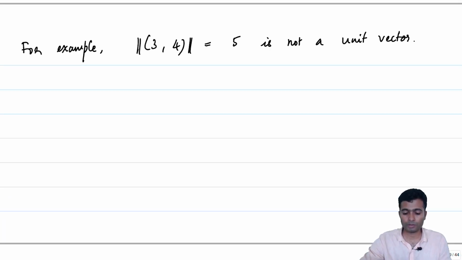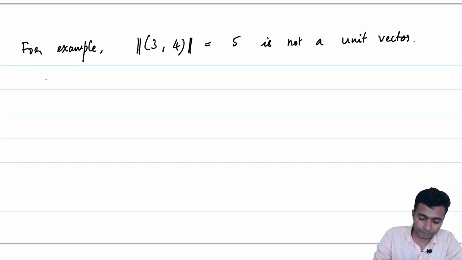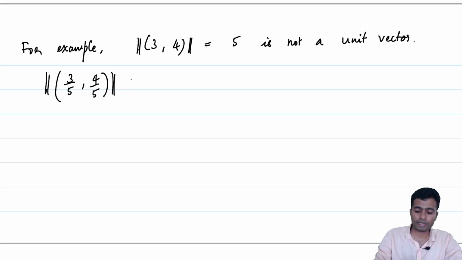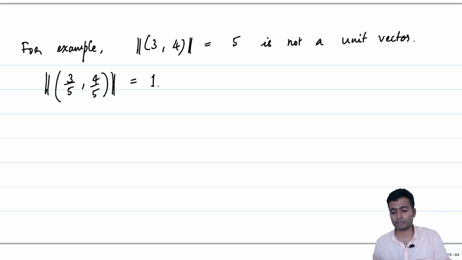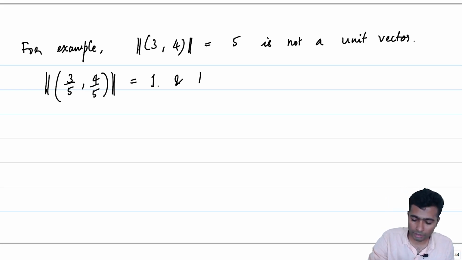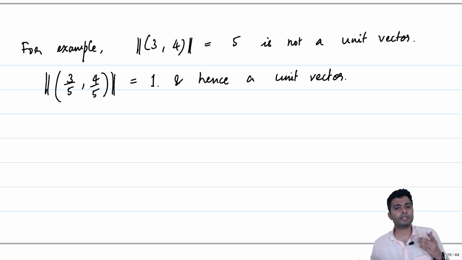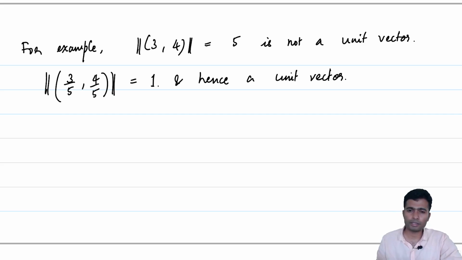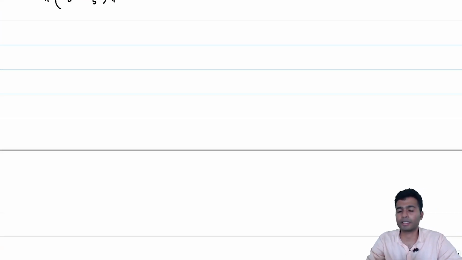However, if you look at (3/5, 4/5), you can check that its length is equal to 1, and hence it is a unit vector. All vectors in the orthonormal basis of Rn are unit vectors. So unit vector just means the length of the given vector is 1.